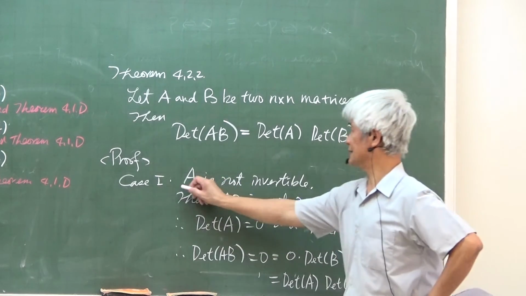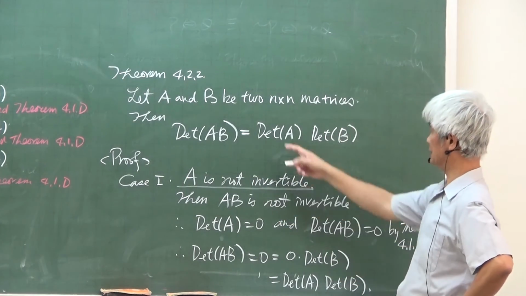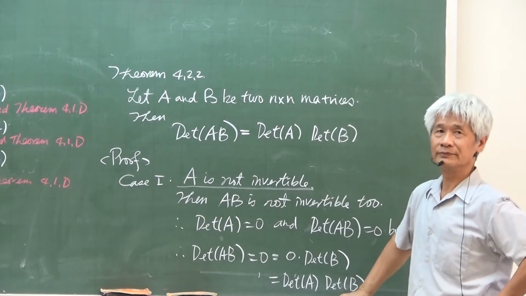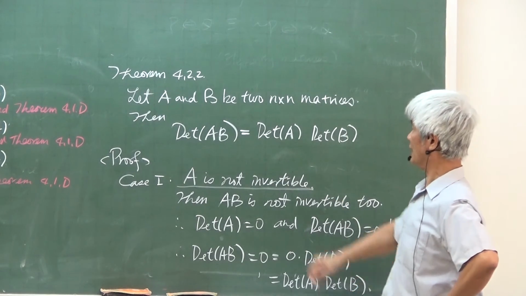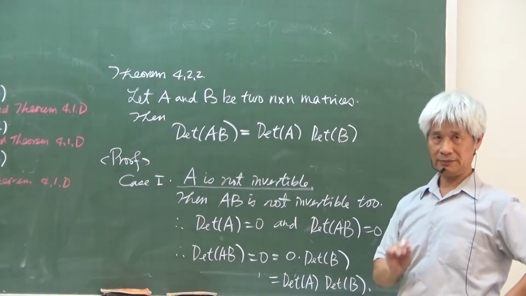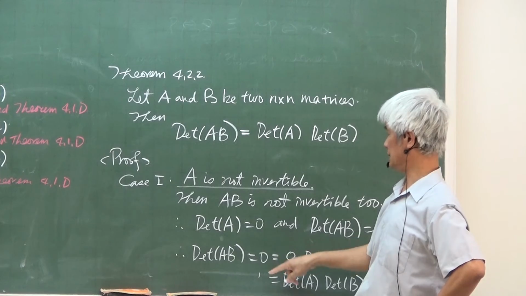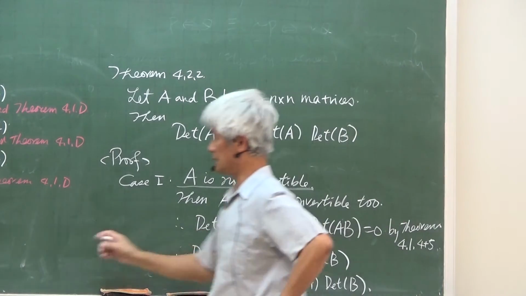A is non-invertible, then we prove that this is true, no matter what B is. So this is case number 1.